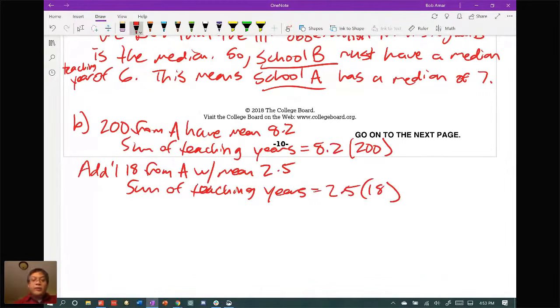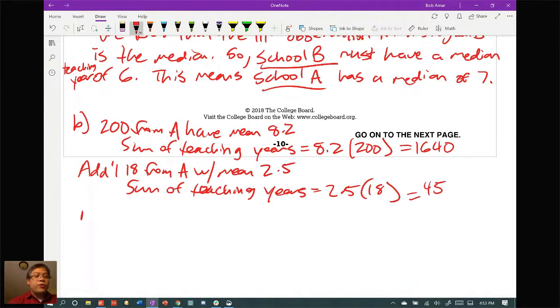Okay. And so the reason I'm telling you this is that if I want to know the mean of a data set, I add everything up and then divide by how many there are. I don't necessarily have the exact data, nor do I want to try to reconstruct it from that histogram, but I can use the fact that I know the mean to know what the sum must be. So for example, 8.2 times 200 is 1640. And 2.5 times 18 is 45.